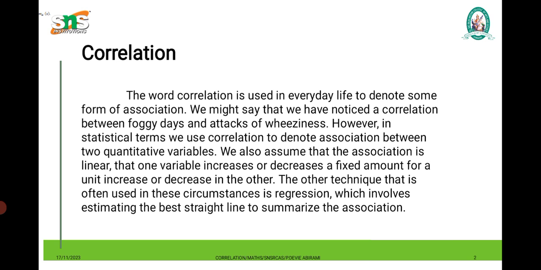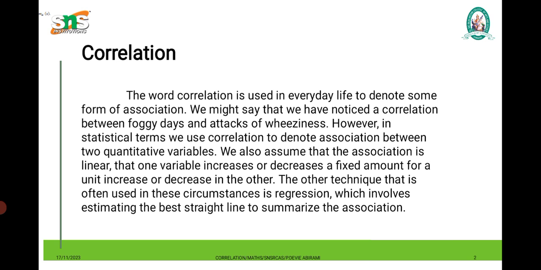We also assume that the association is linear. In statistics, we use correlation between two quantitative variables, where one variable increases or decreases a fixed amount for a unit increase or decrease in the other.